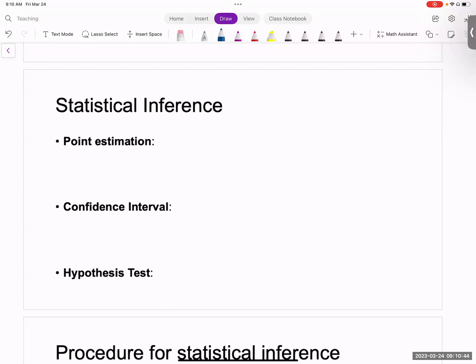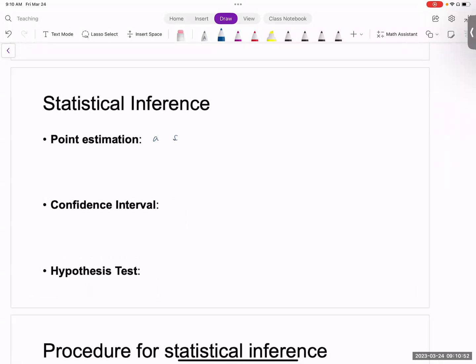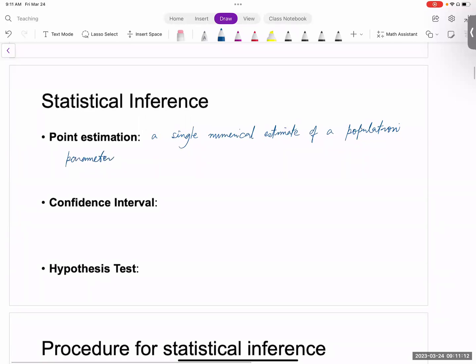All right, so beginning with point estimation, it is nothing but a single numerical estimate of a population parameter. Think about examples that you probably have done in the past.